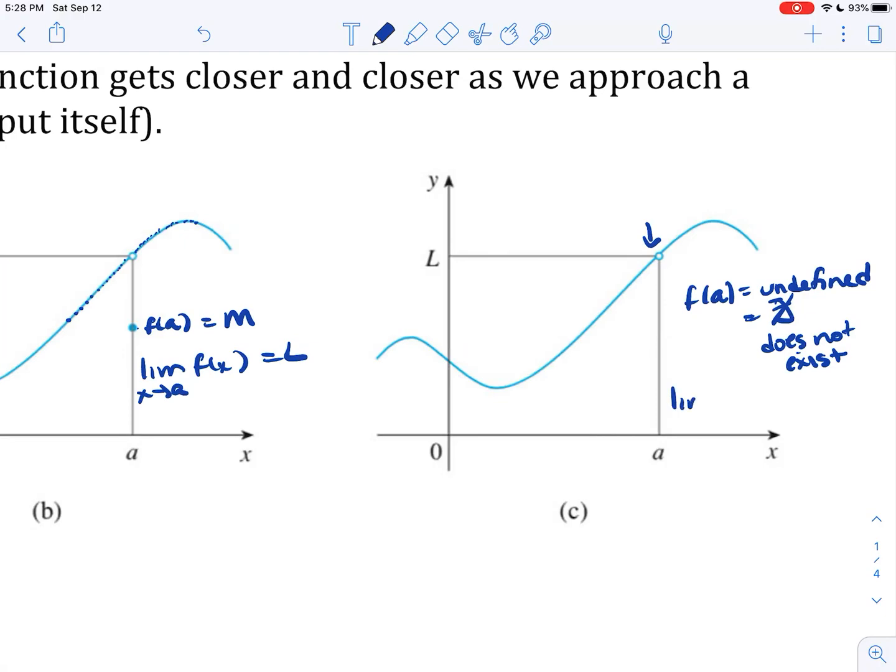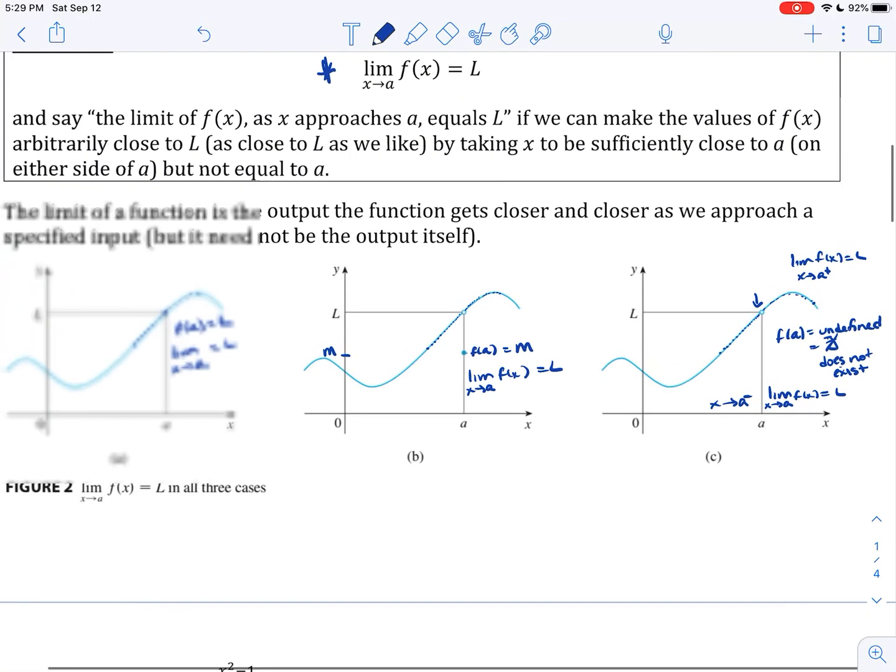However, the limit as x approaches a of f of x still equals L because the output values of our graph as x approaches a from the left equal L, and also as x approaches a from the right, f of x also equals L. So we say that the limit in general as x approaches a from either side is going to equal L.